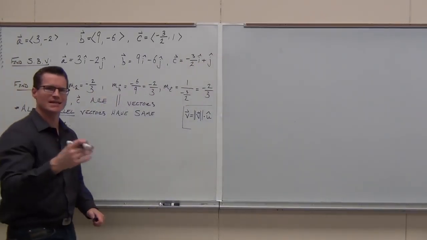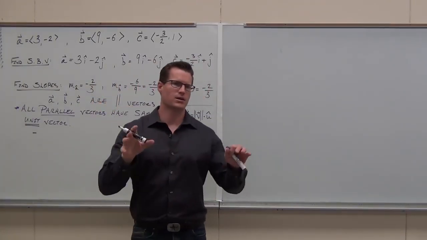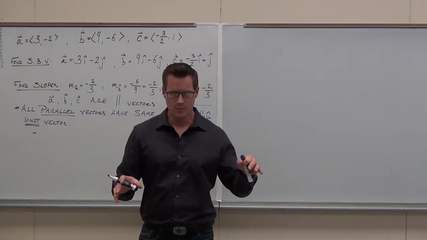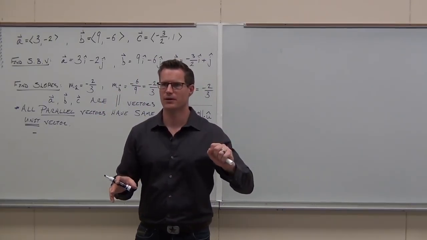I'm going to show you. It's really easy. Once we do an example, you're going to wrap your head around it. But here's a statement that I'm going to make. Vectors are parallel if they are scalar multiples.